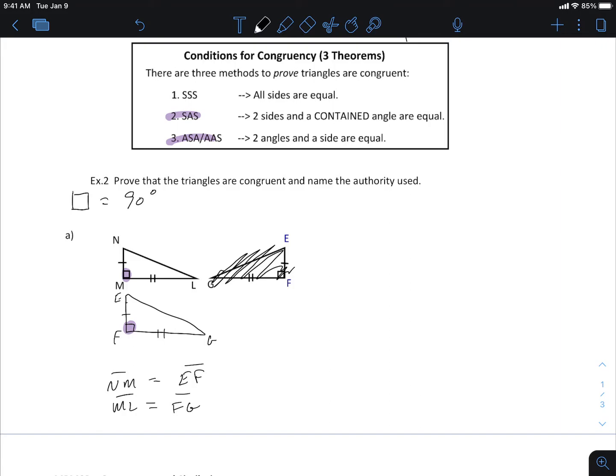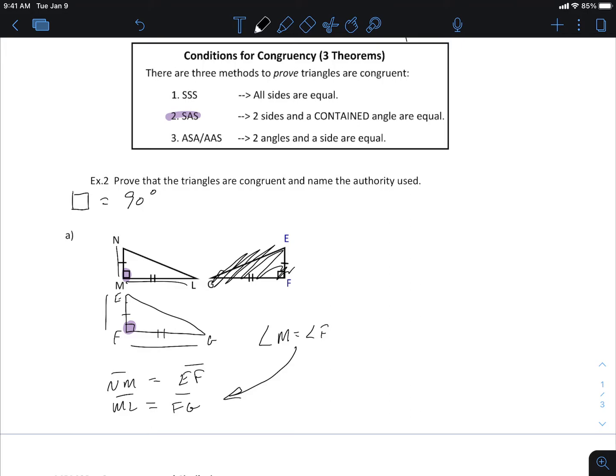The other thing you have is an angle that matches between the two triangles as well. If you look at angle M is equal to angle F, it's contained between these two side lengths. It's the angle created by those two side lengths in both these triangles.